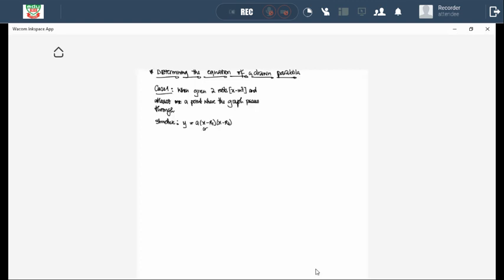Or you can also find it in some books as a(x minus x1)(x minus x2), which is basically the same thing.